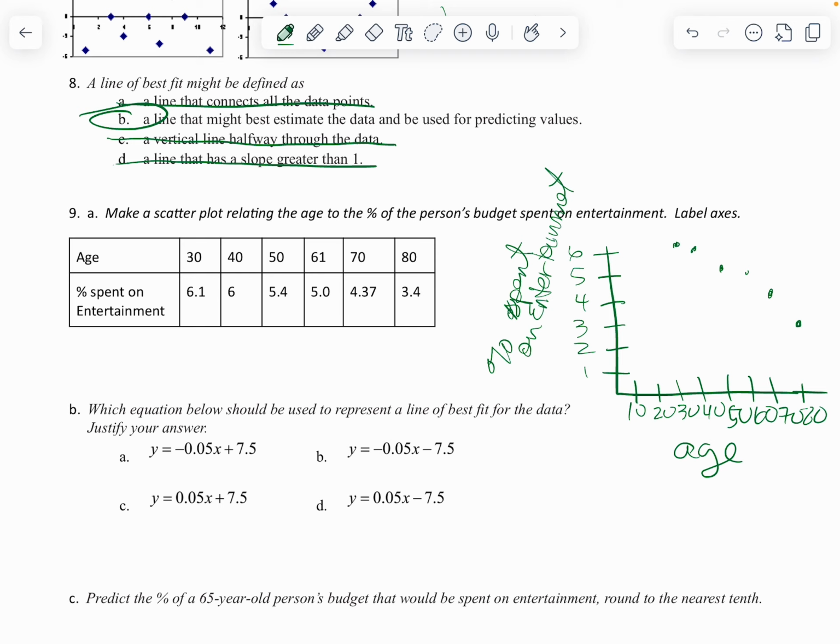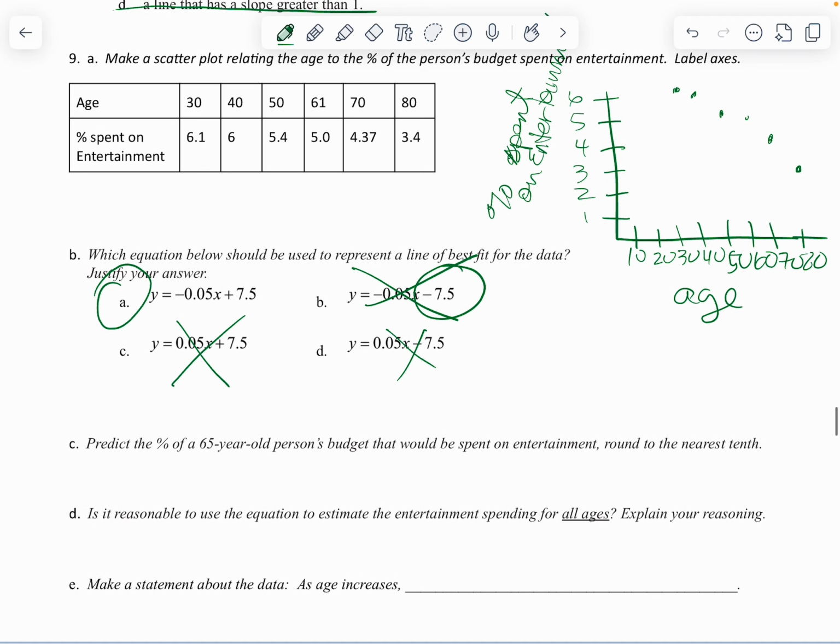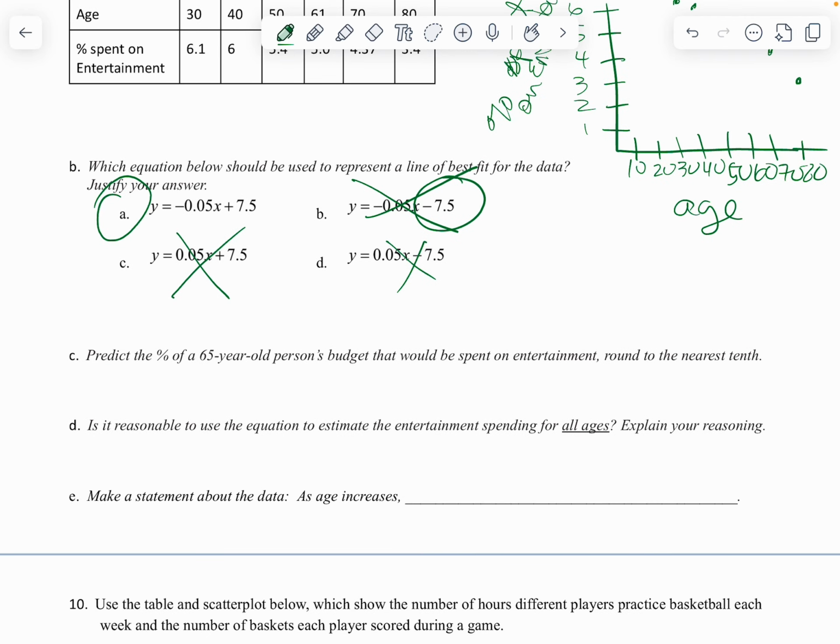Which equation should be used? Okay, so it's got a negative correlation, so it's not this and it's not this. The y-intercept is not negative, so it has to be this. Then it says predict the percent for a 65-year-old.